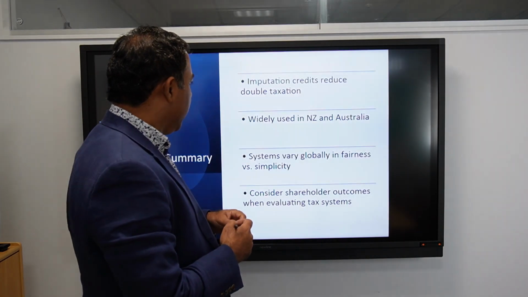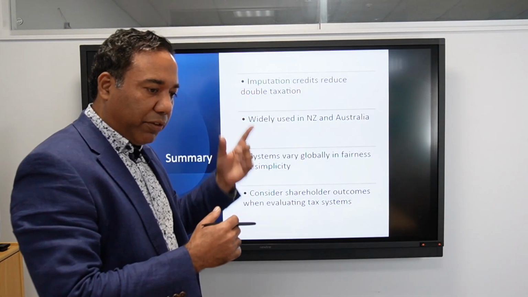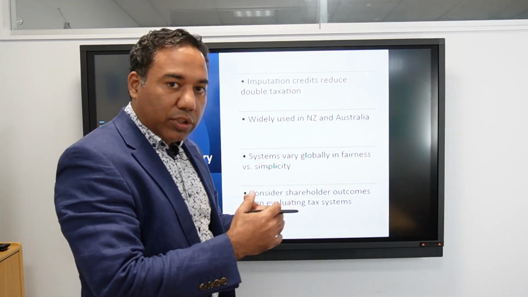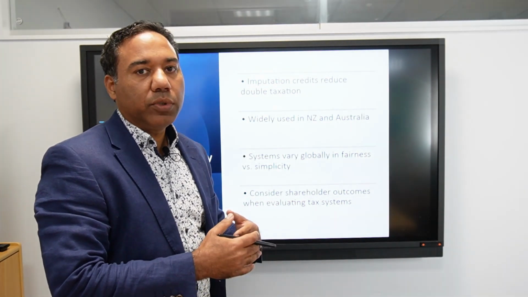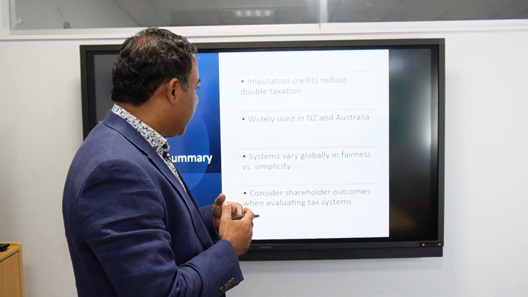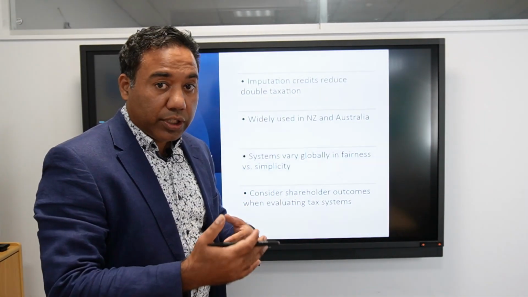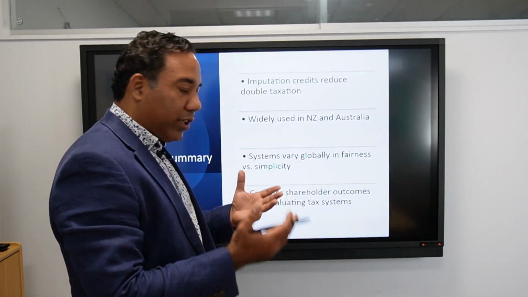So in summary, imputation credits reduce double taxation. As in my previous example, the $280 tax credit is passed on to the shareholders, and shareholders will use that in their tax returns. This is widely used in New Zealand and Australia, and also in Canada. Systems vary globally in fairness versus simplicity.